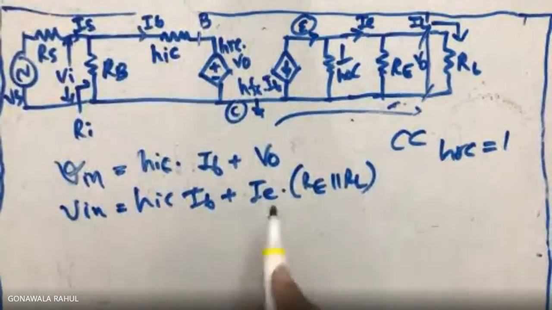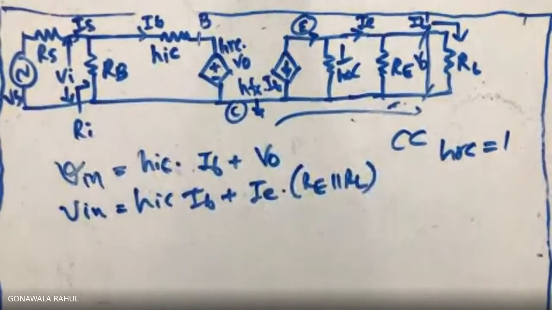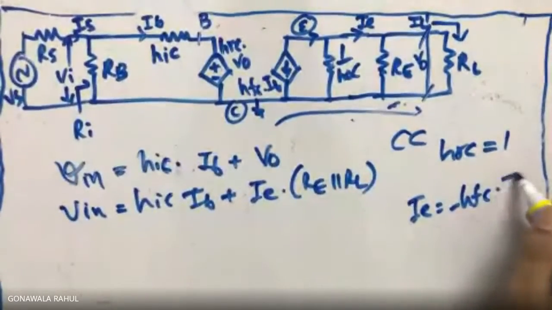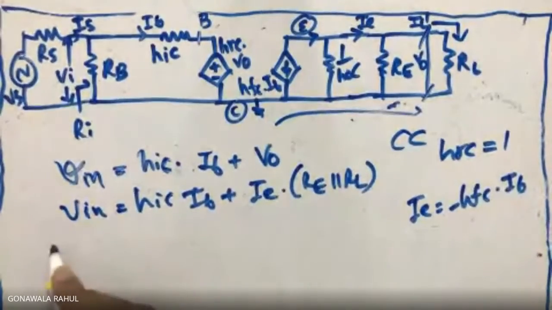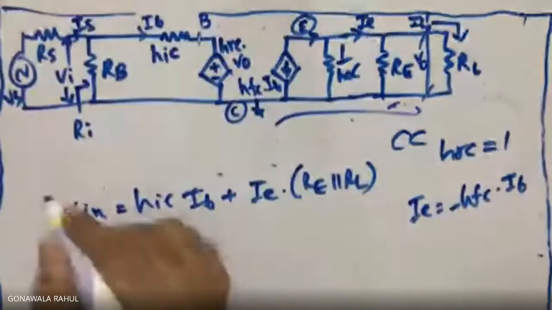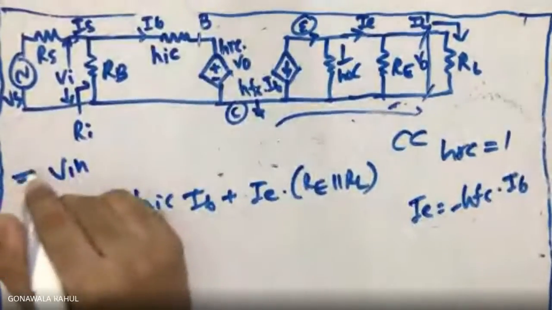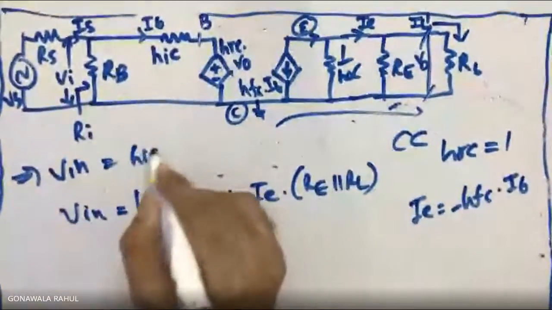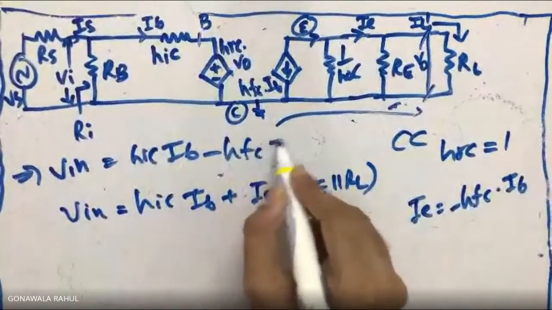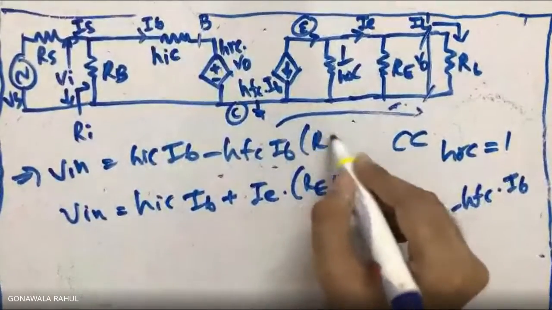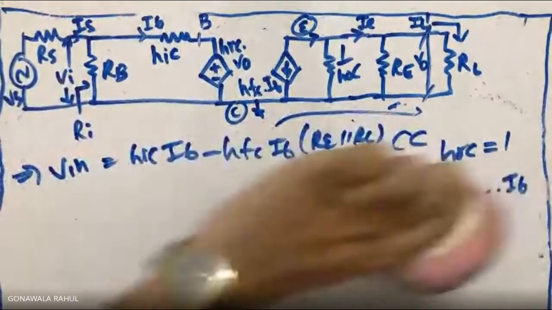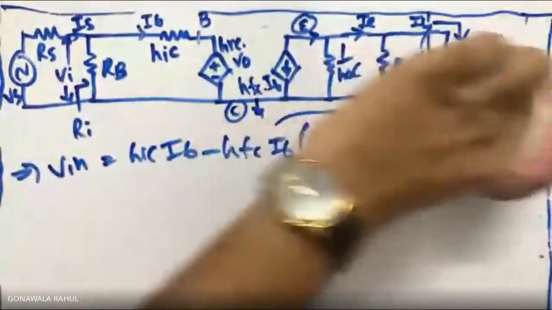Now IE, recall the equation number 2: IE is equal to minus HFC into IB. Putting that here, Vin is equal to HIC IB plus minus HFC IB into RE parallel RL. Clear?